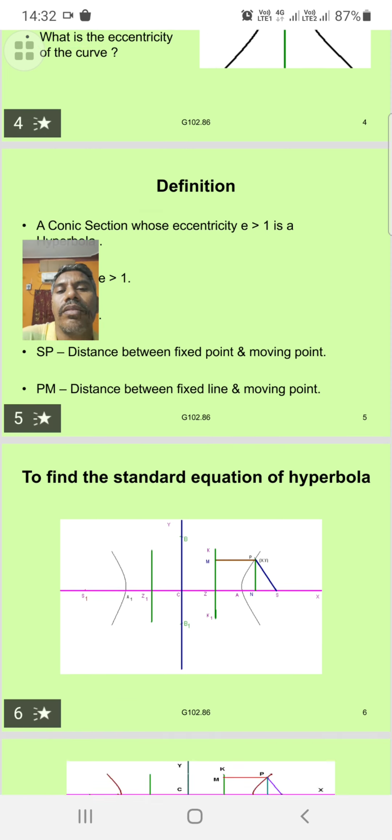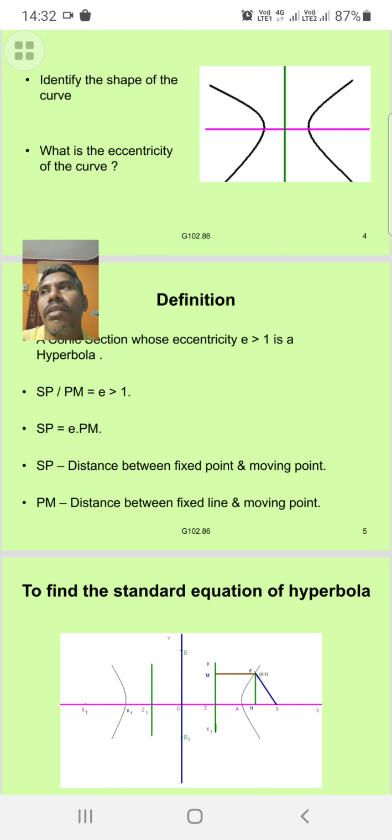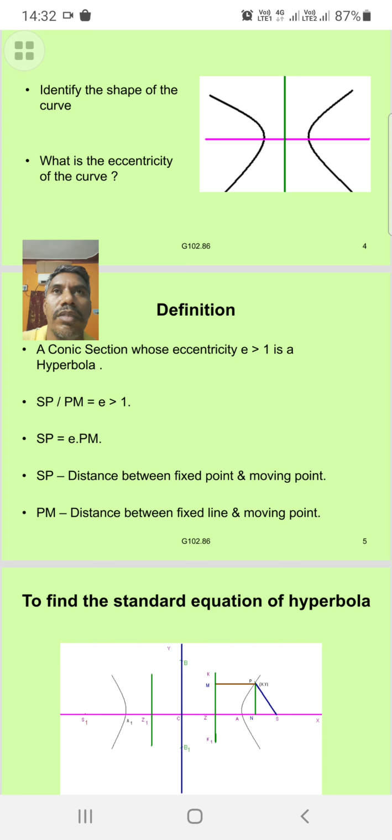In the beginning we saw how we cut the cone to bring the three different forms, that is parabola, ellipse and hyperbola. Of course we saw the circle also. If we cut the cone horizontally, we get a circle.